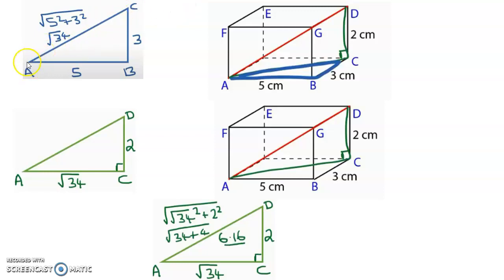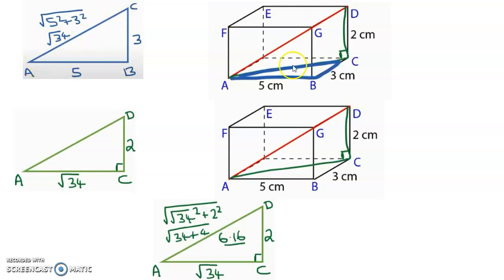So AC square equals AB square plus BC square. So 5 square plus 3 square is equal to 34. So AC square equals 34. The root of AC square is plus or minus the root of 34. We take the positive answer, so it will be the root of 34.